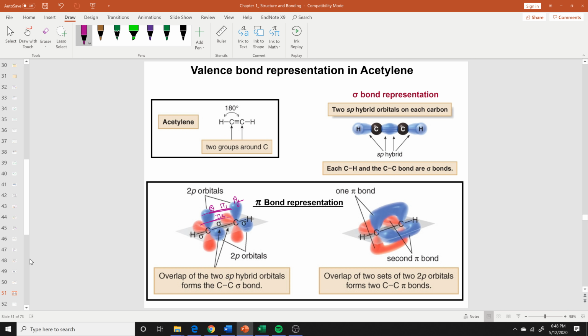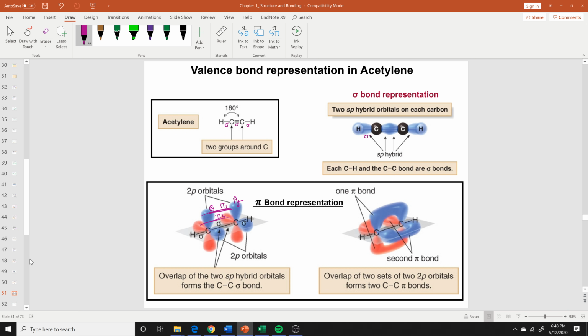So the triple bond has 2 pi bonds, and let's count the sigma bonds. The sigma bond representation has 1 sigma here, 1 sigma here, and 1 sigma here. And the sigma is the overlap of the 2 sp hybrid orbitals of the carbon, and the sp and the s orbital of the hydrogen.